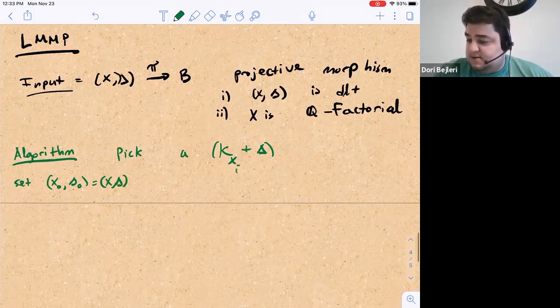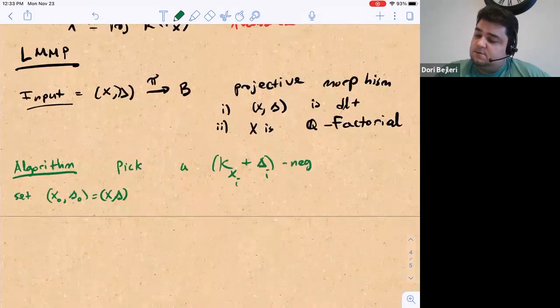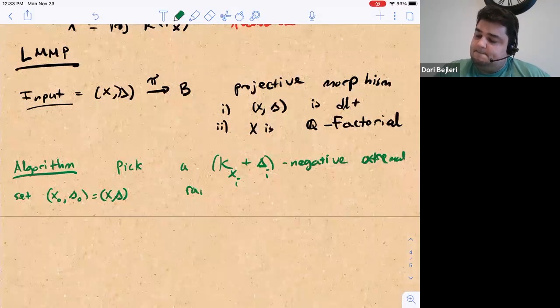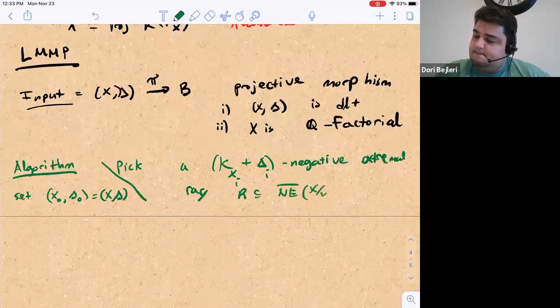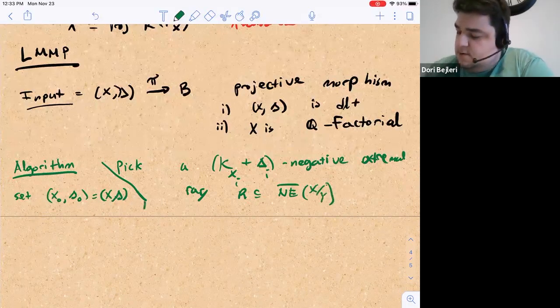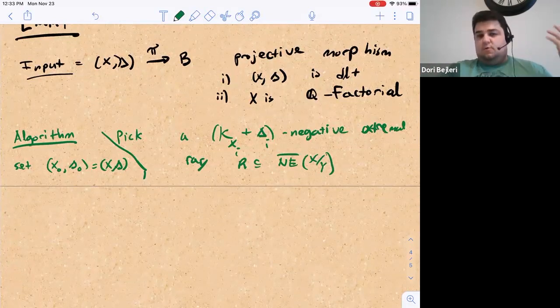Then pick a K_{X_i} plus Δ_i negative extremal ray in NE-bar(X_i/Y), and then apply this extremal contraction. If it's divisorial, you just have the extremal contraction. If it's a small contraction, we have a flip.